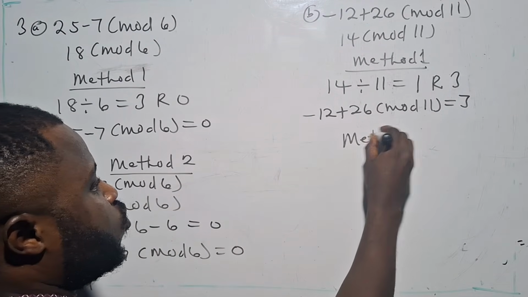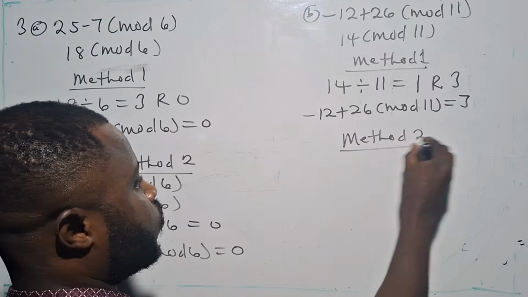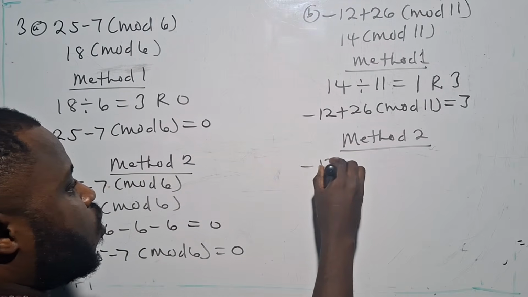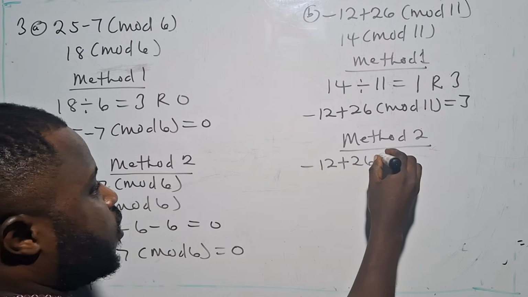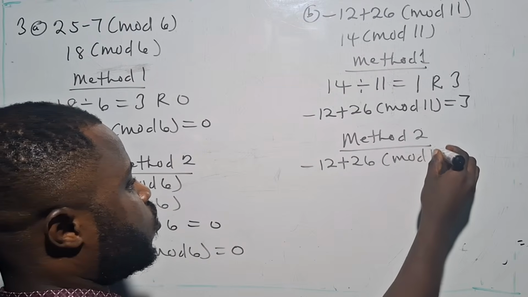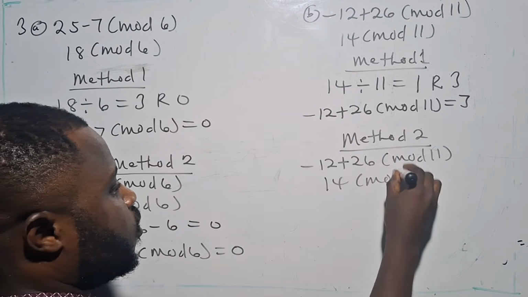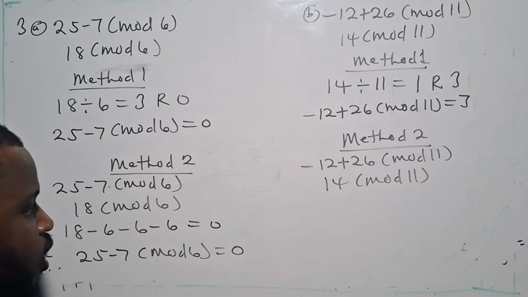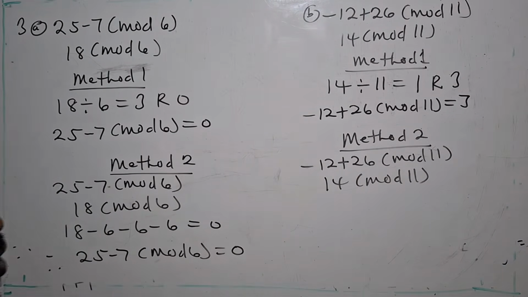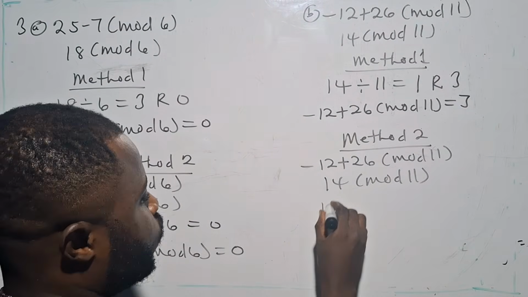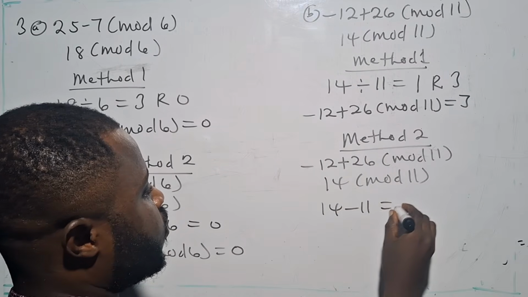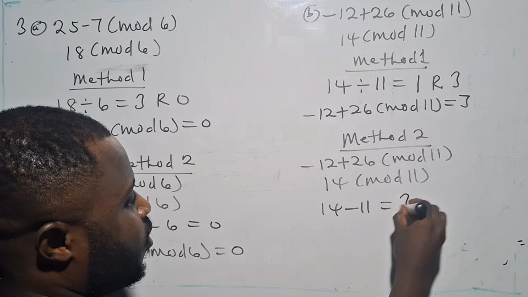So let's do method 2. Negative 12 plus 26 mod 11, for which this will give us 14 mod 11. Let's use the repeated subtraction method. So 14 minus 11 is going to give us 3.